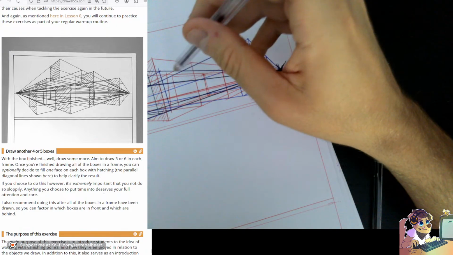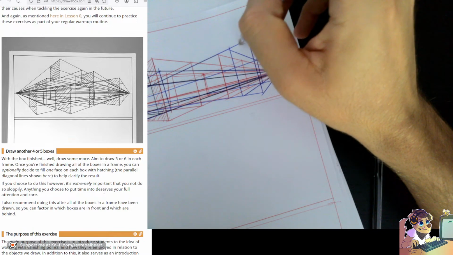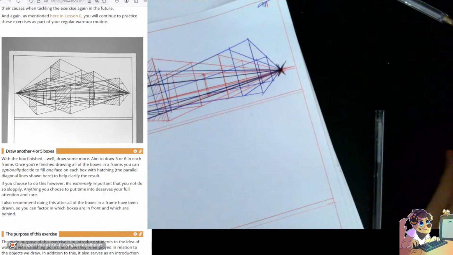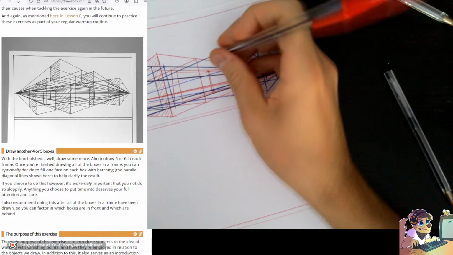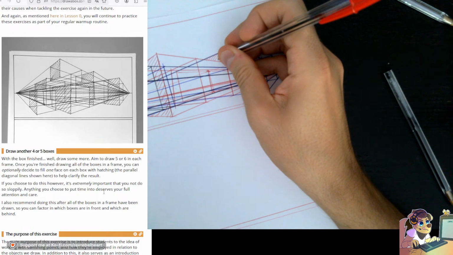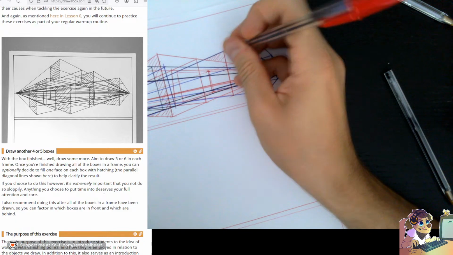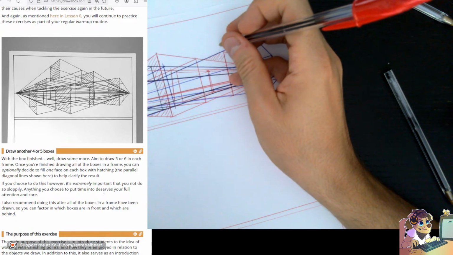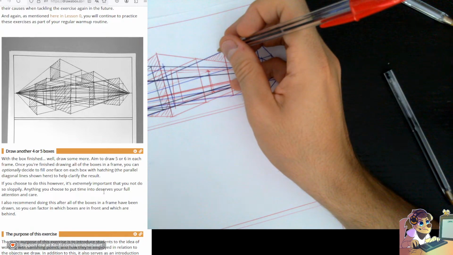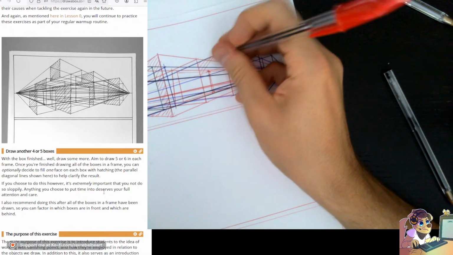Now where the hell are my other boxes? I got this blue one here. Oh, and that's a red box. Okay. But that's behind this box. Ah, so I'd be able to see all of this box.